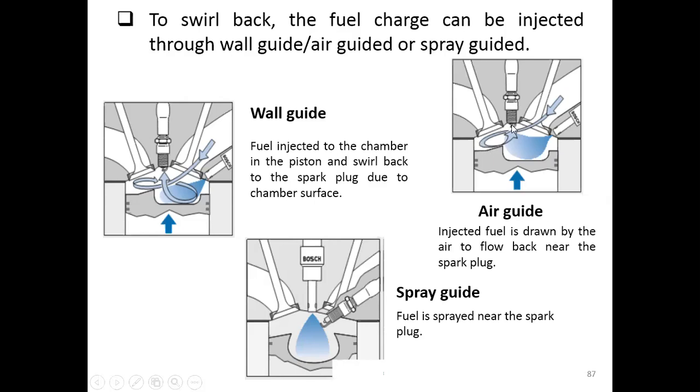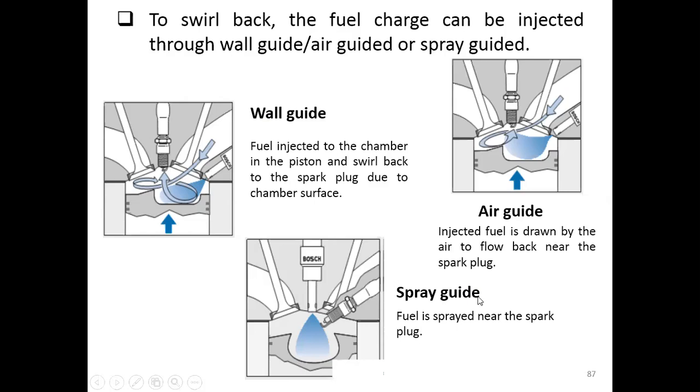Along the way that it flows back, it will draw the fuel injected here to go back to the region near the spark plug. So this is called the air guide because we let the air flow further down and then draw the fuel back to the spark plug. This is the wall guide because the fuel uses the wall to swirl back.